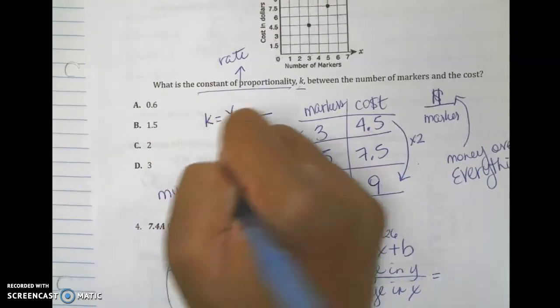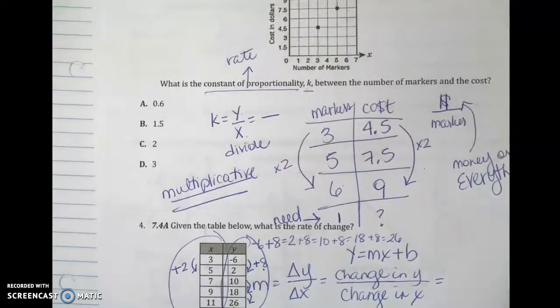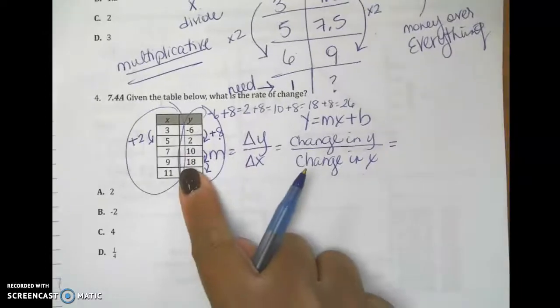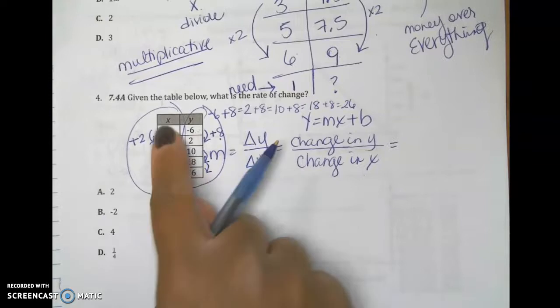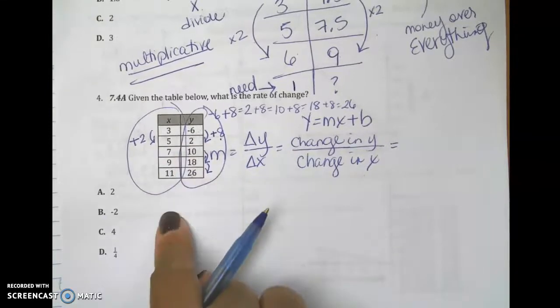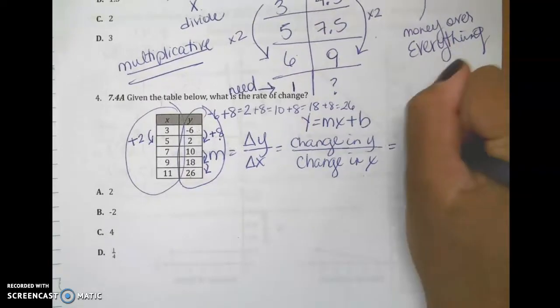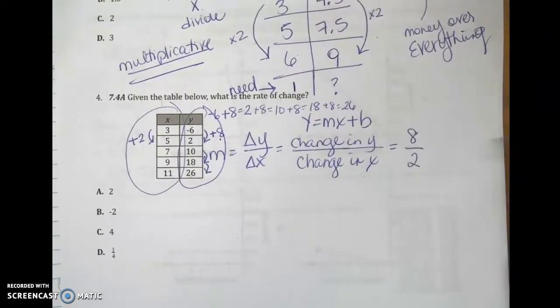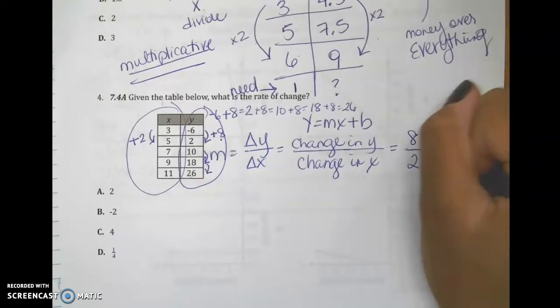This was in your constant of proportionality note. This is probably a multiplicative and an additive relationship because I need to do something else to my x value to get the y. Hence why we use TPV charts to find out what happened. Anyway, change in y is 8 over change in x, and then you divide that to get your answer.